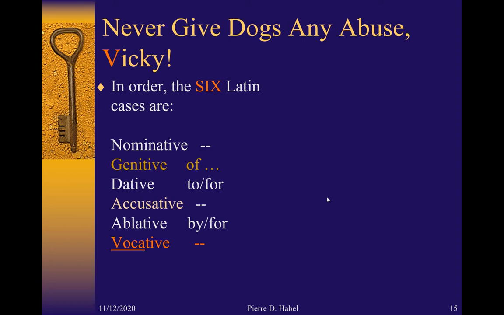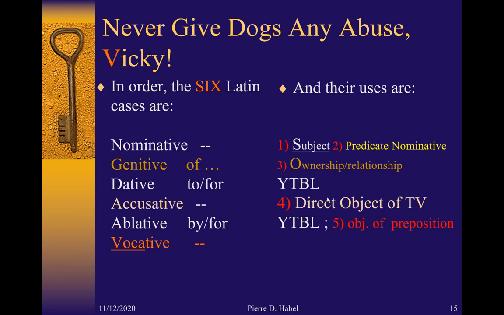Like the nominative and the accusative, there won't be any special extra words needed as part of the translation process. The cases are used for the reasons that we've reviewed recently for nominative through ablative. But now we need to add in the use of the vocative case.